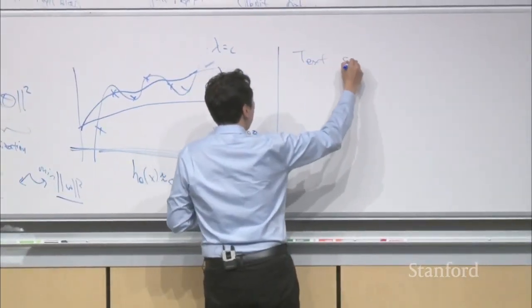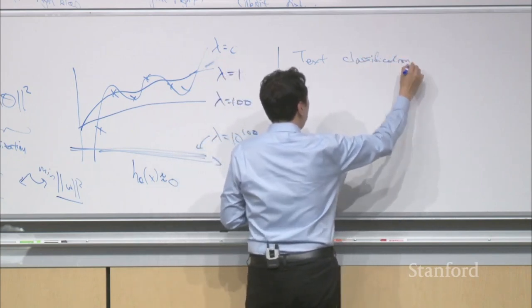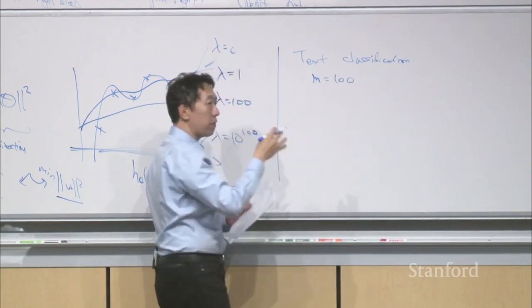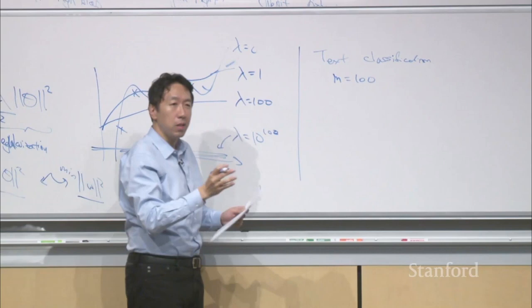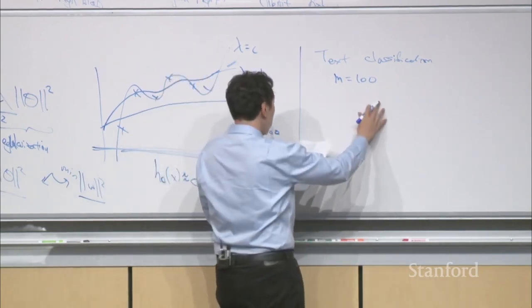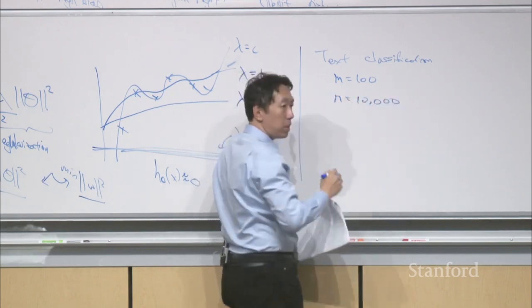We talked about naive Bayes as a text classification algorithm. Let's say you have a text classification problem, to classify spam or non-spam, or classify the sentiment, positive or negative, of a tweet or something. Let's say you have 100 examples, but you have 10,000 dimensional features.